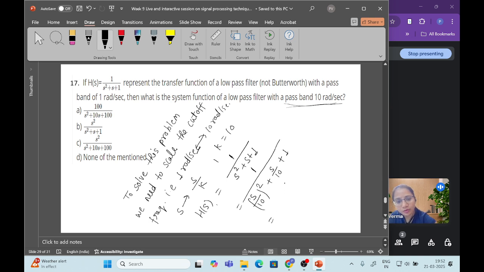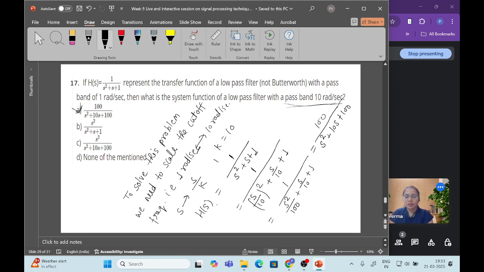So now 1 divided by s square by 100 plus s by 10 plus 1, which is 100 divided by s square plus 10s plus 100. So the new transfer function with a pass band of 10 radian per second will be 100 divided by s square plus 10s plus 100. So option A is the correct answer for this question.